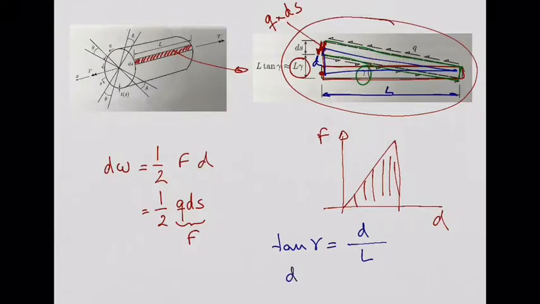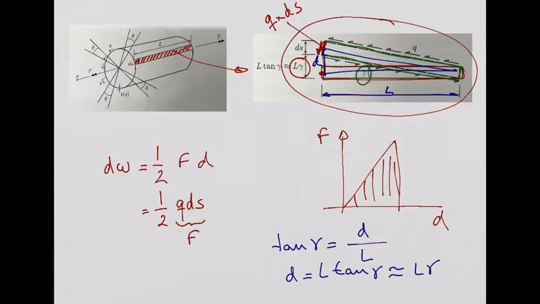So if we solve this for d, we get L tangent of gamma. Because this angle gamma is very small, linear elastic, small deformations, we can say this is approximately equal to L gamma, okay? This error becomes higher if we are applying a very large torque, for example, so that this distortion is very large.